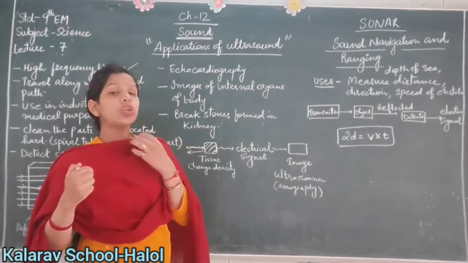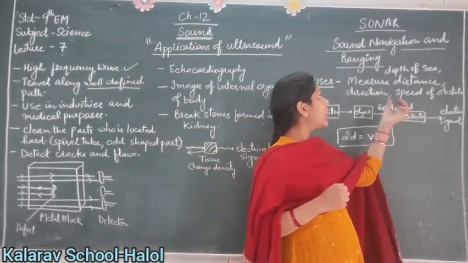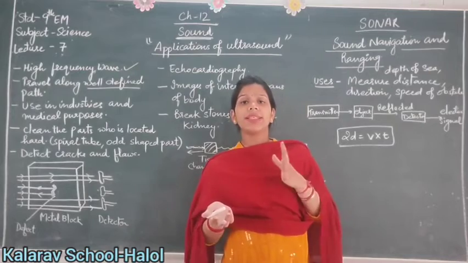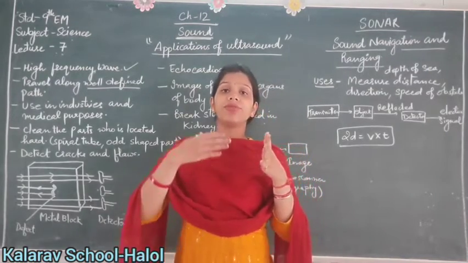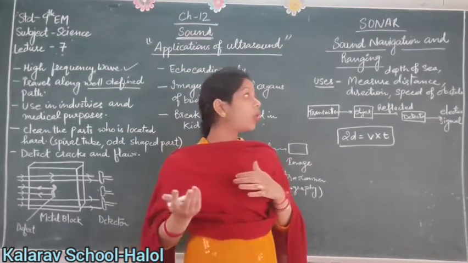Mainly, sonar is used to measure the distance, direction and speed of obstacles present in the sea, that is, how far an obstacle is from a submarine, a ship or a boat.